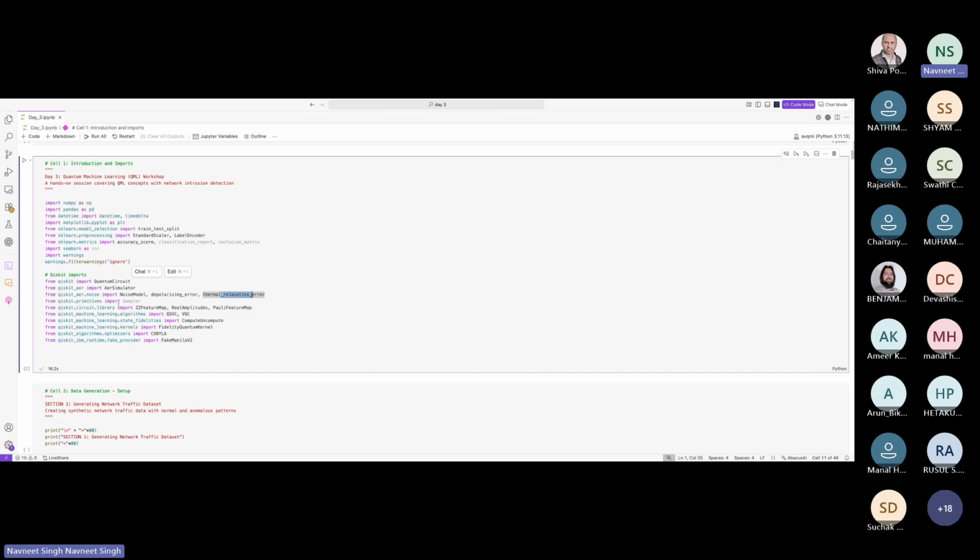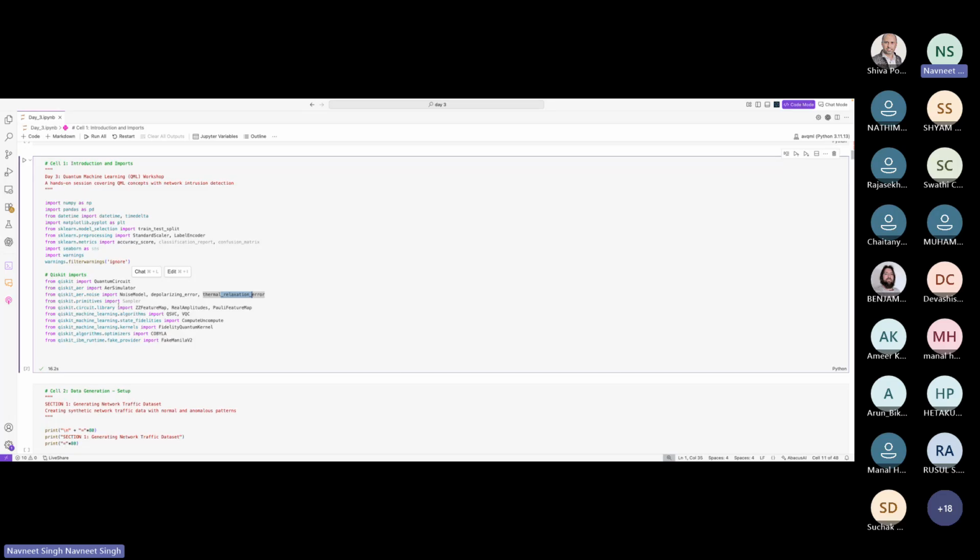And then we have the real amplitudes. It is a common variational ansatz. If I say ansatz, loosely you can say it is a circuit, but ansatz is a terminology which is very common in quantum computing, or I can say in the quantum information field. It is a layered circuit of rotation and entangling gates. And we will use the real amplitudes when we discuss QNN.